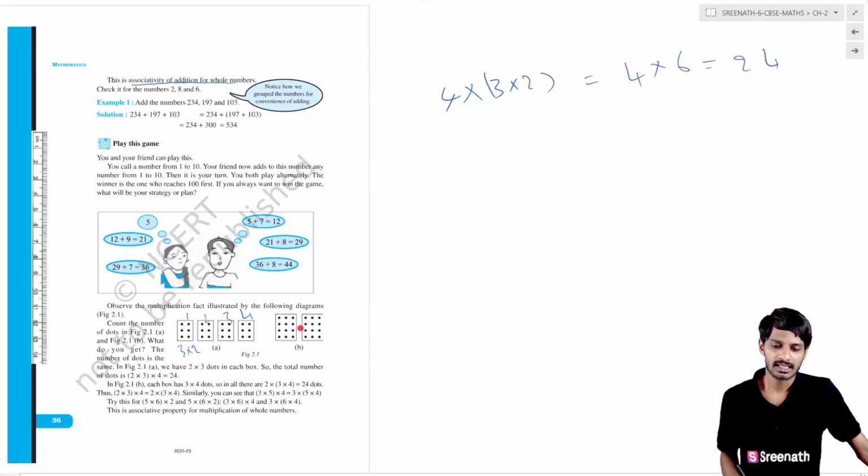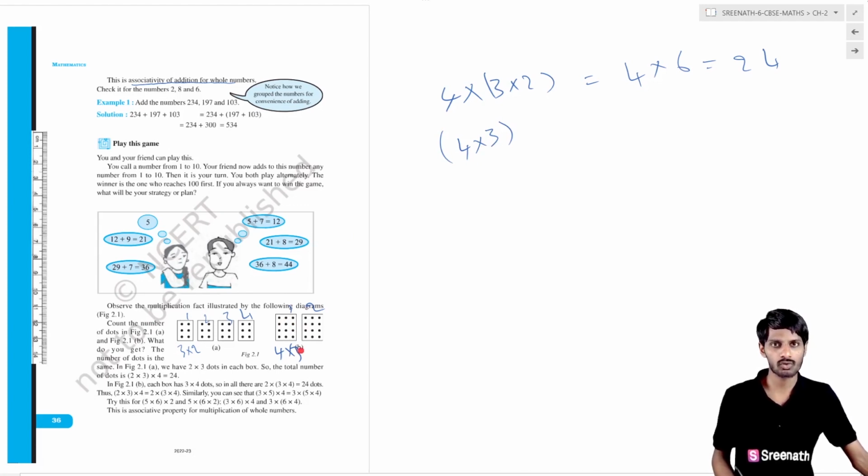Now coming to this, it has only 2 boxes, and each has 4 rows into 3 columns. We have to group it because one box contains 4 rows into 3 columns. How many boxes are there? There are 2 boxes.